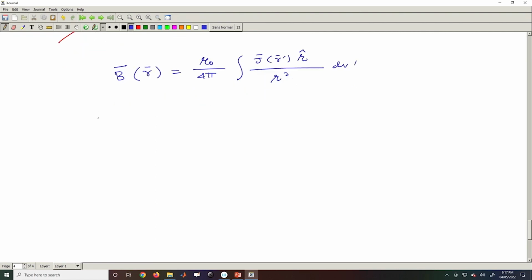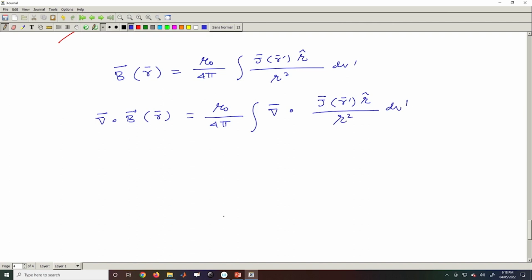Now I simply try to find out the divergence of this quantity. So I should write mu 0 divided by 4 pi, and then I put this divergence inside, and divergence of this quantity J at r prime cross r vector divided by r square dv prime.